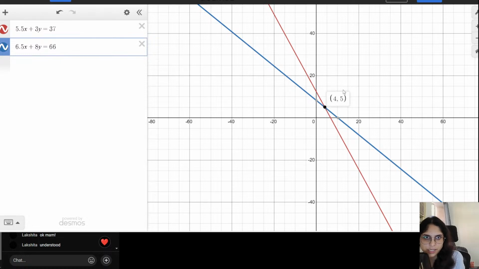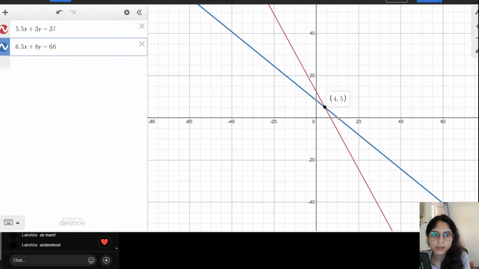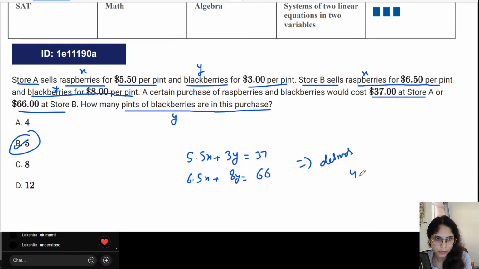We're looking for y, which is 5. So 5 blackberries. Okay? 4 comma 5, we're looking for y.